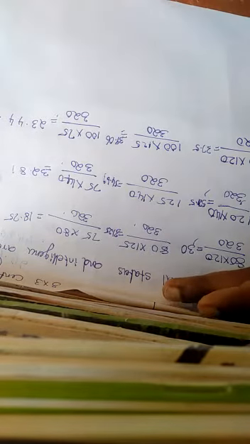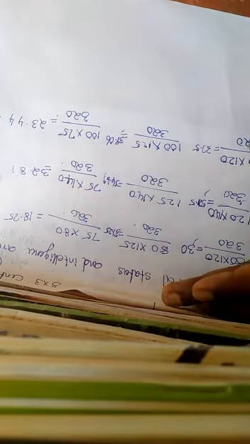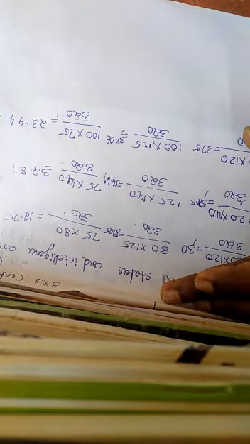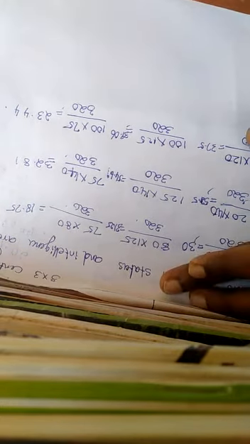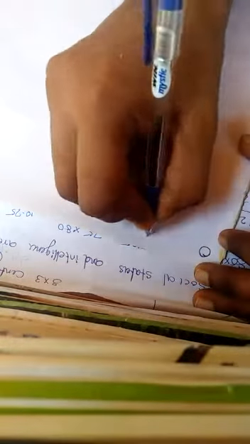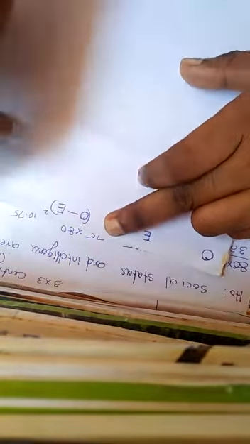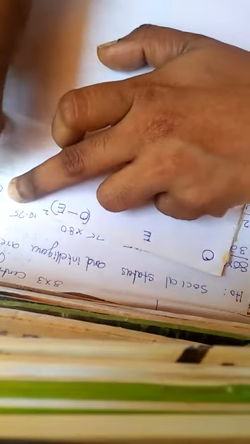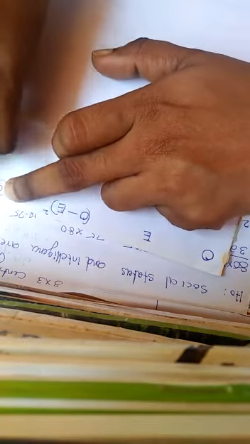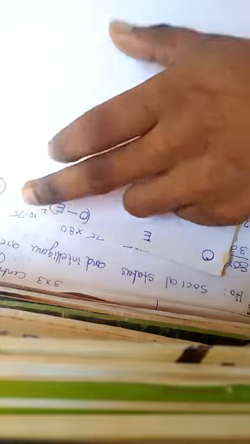Next you should make a chi-square table. The chi-square table has observed frequency, expected frequency, observed minus expected squared, and observed minus expected squared divided by expected.